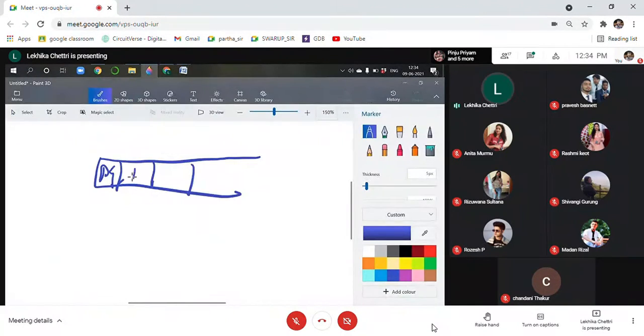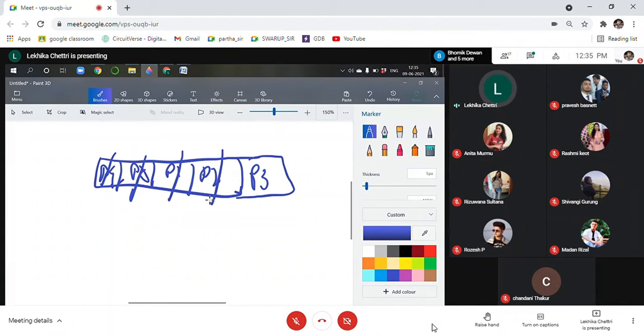After the user enters these processes, this was the ready queue prepared by you. Let us say it was an array. P4 has already gone, P0 is done, P1 is done, P2 is done, and we were at P3. Now P3 is also swapped out.